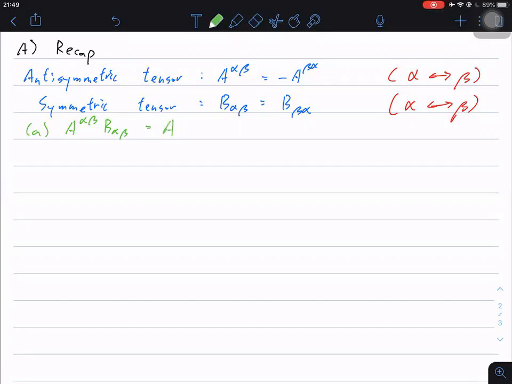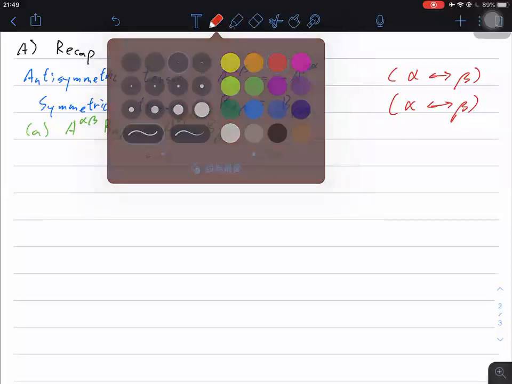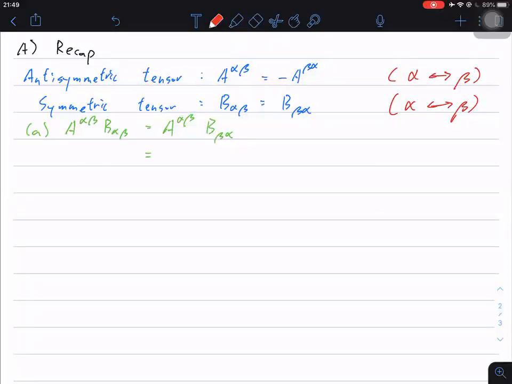First of all, since B is a symmetric tensor, if you swap the indices, everything remains unchanged. On the other hand, since alpha and beta are dummy indices, they appear twice in the equation, they just represent summing over all the indices. It doesn't matter whether you use alpha or i, j, k for the dummy indices, because they basically represent summations.